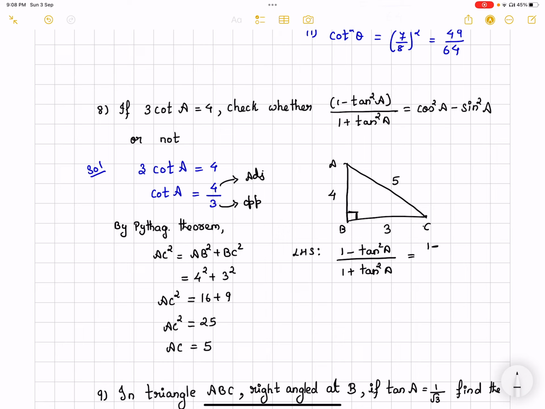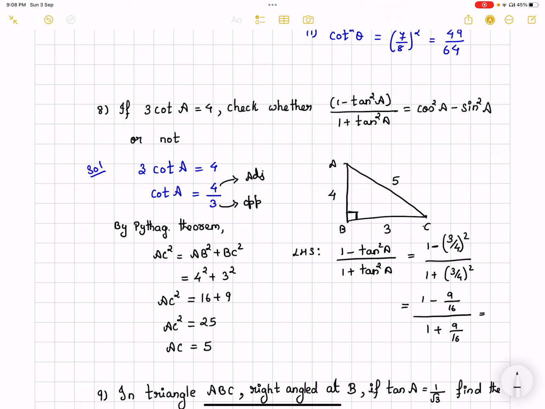So opposite is 3 by 4, the whole square, divided by 1 plus 3 by 4 the whole square. So which is 1 minus 9 by 16, the whole divided by 1 plus 9 by 16.